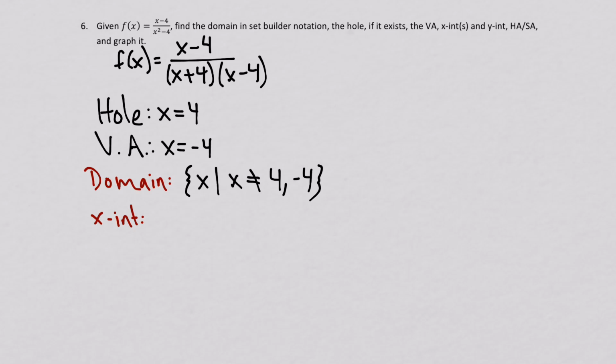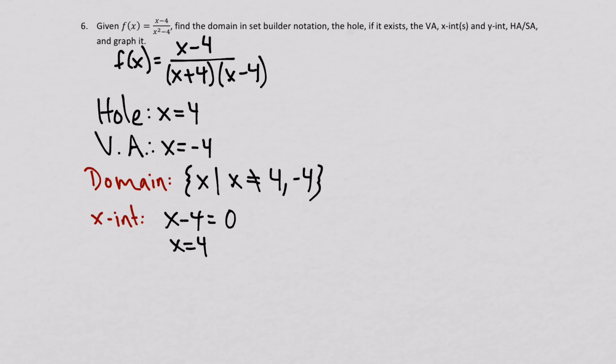So if we set x minus 4 equal to 0, we should get an x-intercept, which is x equals 4. Now there's a problem with that though. x equals 4 cannot be an x-intercept because we said that it was a hole. If it's a hole, it can't also be an x-intercept. So there is no x-intercept for this graph.